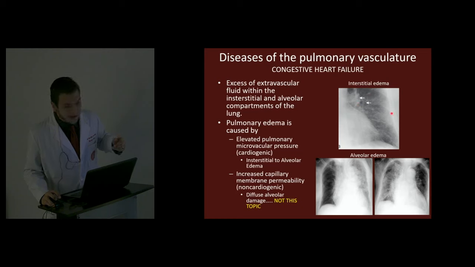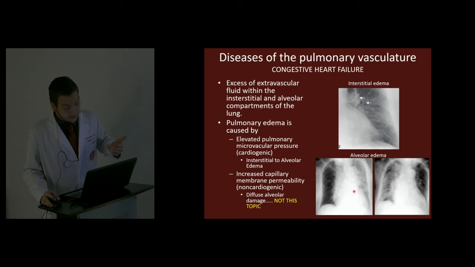Kerley B lines, as we said, happen because there's edema over the interlobular septa, and if this continues, it can convert into alveolar edema. Alveolar edema advances and is considered pulmonary edema, like in these two radiographs.